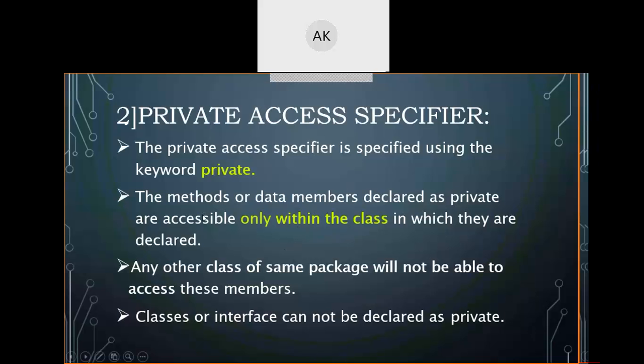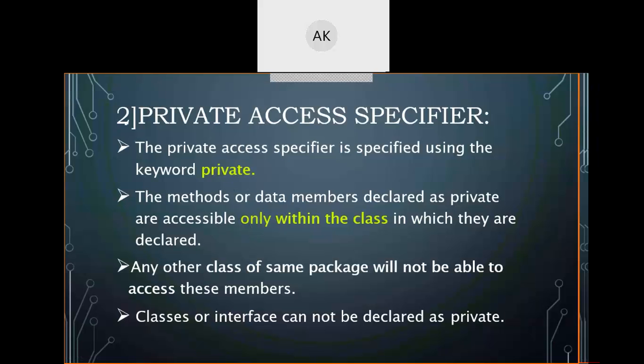Whenever we declare the data members or member functions as private, we are restricting their accessibility: they will be accessible within that particular class only, in which they are declared as private. Any other class of the same package or of some different package will not be able to access those data members and member functions.